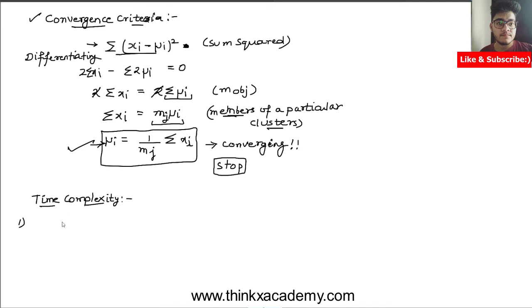So in the first step, when we were calculating the Euclidean distance for each center, for each object, it takes big O of n time, right? Where n is the dimensionality of the vectors.